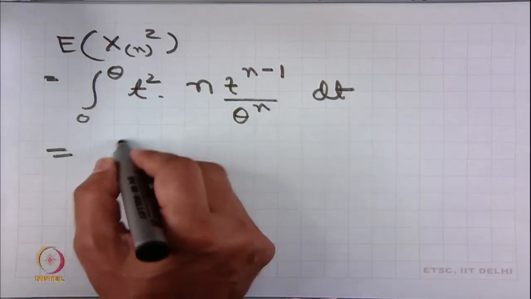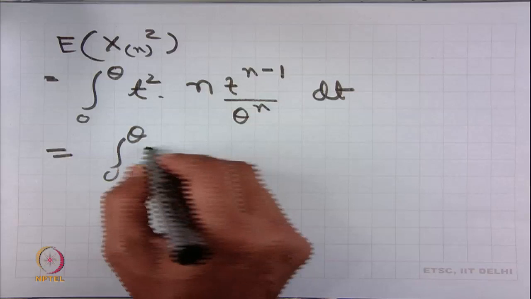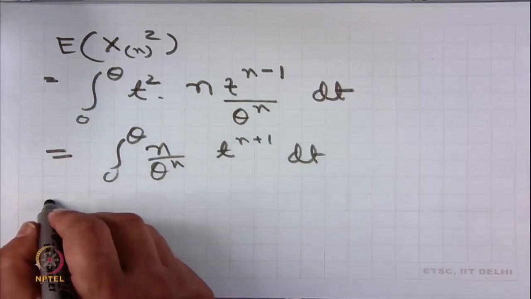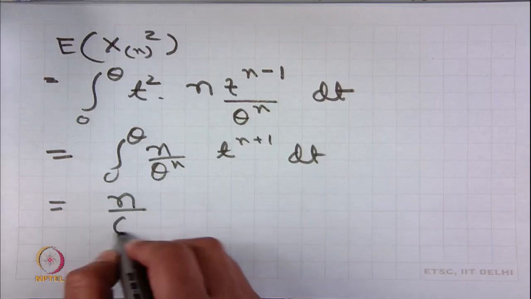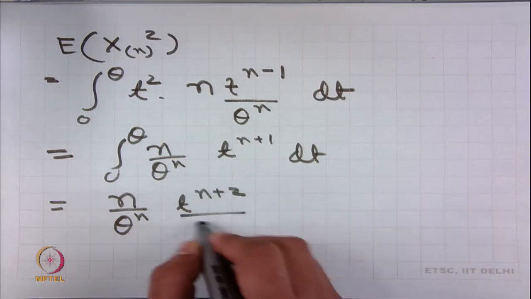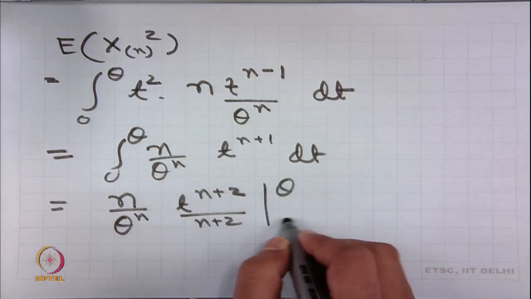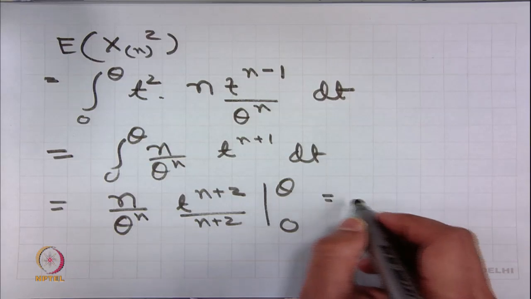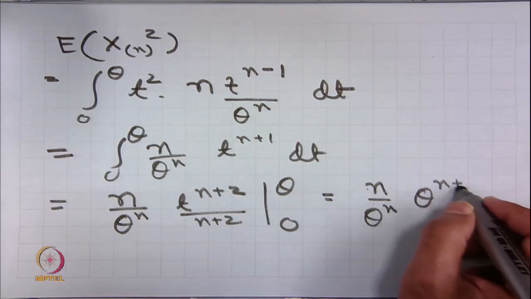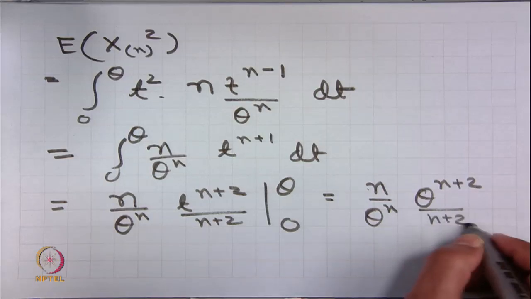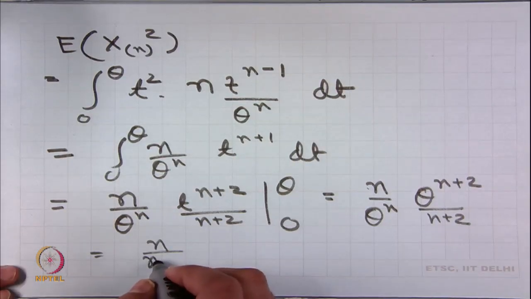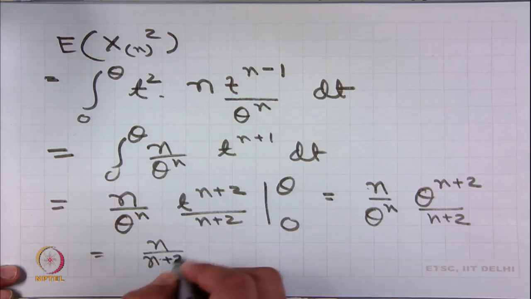This is equal to integral 0 to theta n upon theta to the power n t to the power n plus 1 dt, which is equal to n upon theta to the power n times t to the power n plus 2 upon n plus 2 from 0 to theta, which is equal to n upon theta to the power n times theta to the power n plus 2 upon n plus 2, which is equal to n upon n plus 2 theta square.